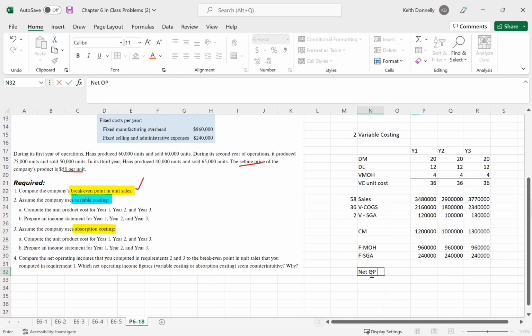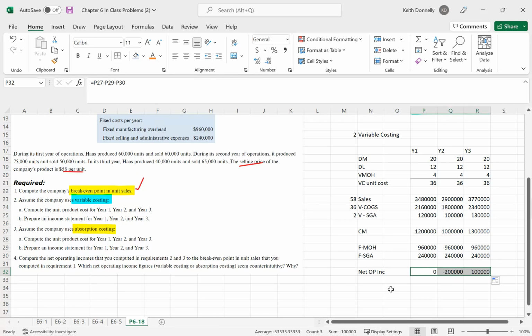Accordingly, if we take our contribution margin minus our fixed expenses, we're going to break even in year 1. We're going to lose 200,000 in year 2. We're going to make 100,000 in year 3.